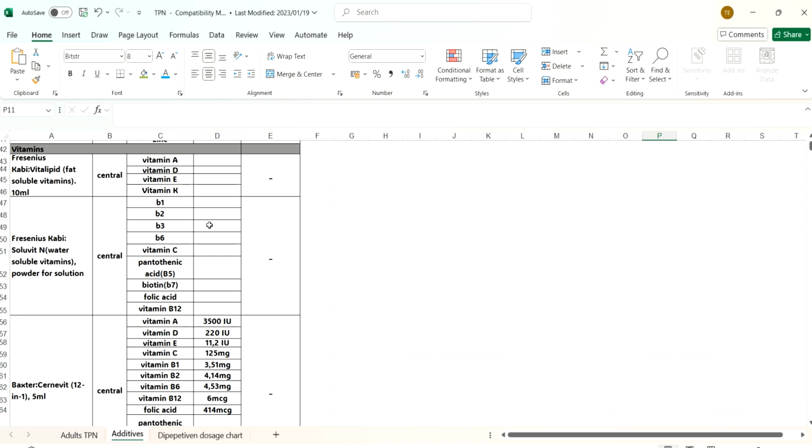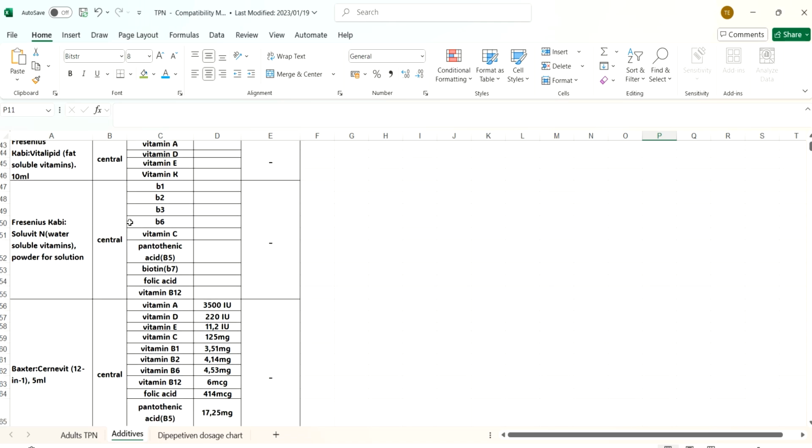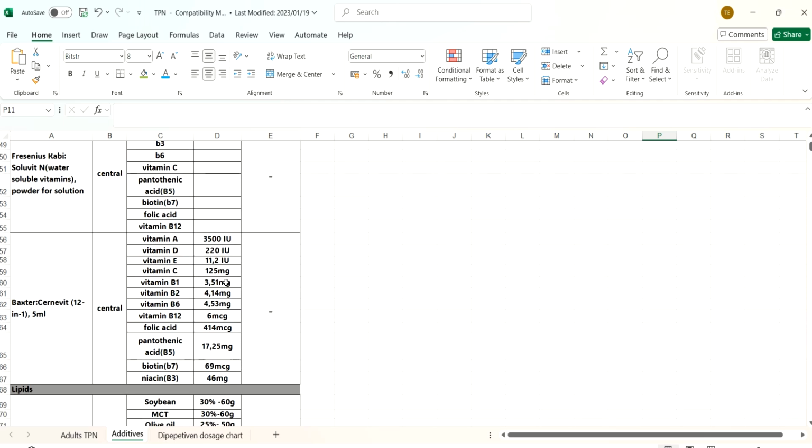Okay, then your vitamins. So you have your fat soluble vitamins in a specific vial, your water soluble vitamins. You have one that's mixed that contains both fat soluble as well as water soluble vitamins. You add all of them in as well as the amounts.